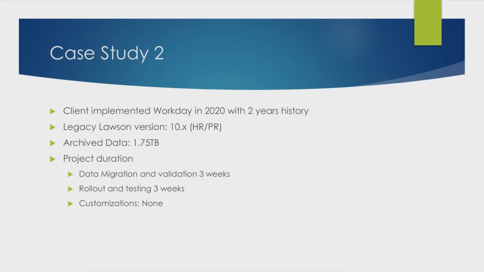They were coming off of Lawson version 10, which is actually the majority of our customers that we deal with. Some are still version 9. And they had just about 2 terabytes of data there, and it took us about 3 weeks to do the migration and data validation, and another 3 weeks for the product rollout. And they didn't do any customizations at all to that setup.